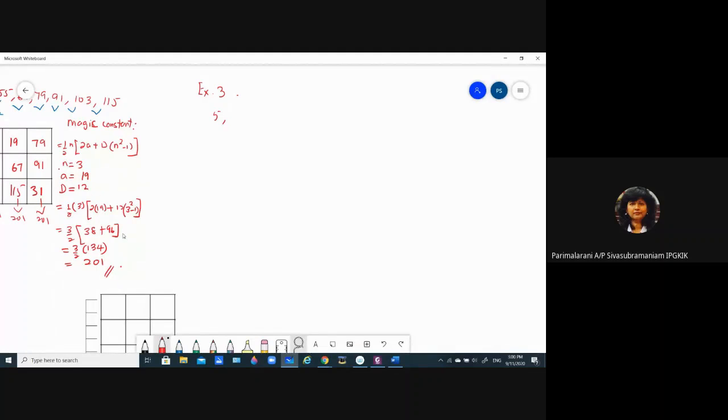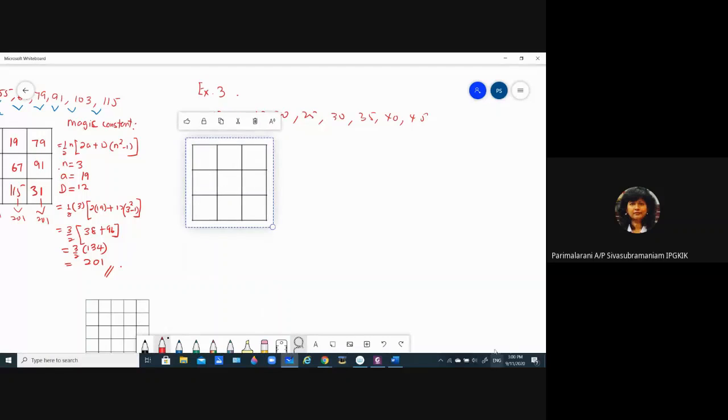Give me 9 numbers with the same difference, an arithmetic series. 5, 10, 15, 20, 25, 30, 35, 40, 45. Correct? 9 numbers. So we want to put this in our square here.